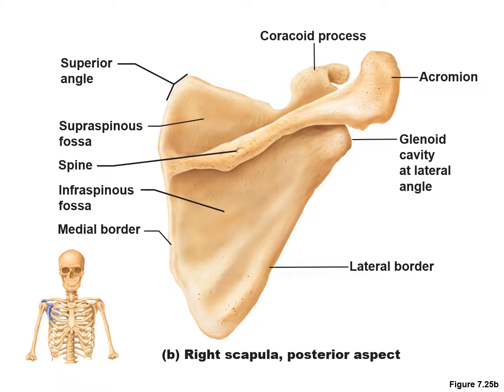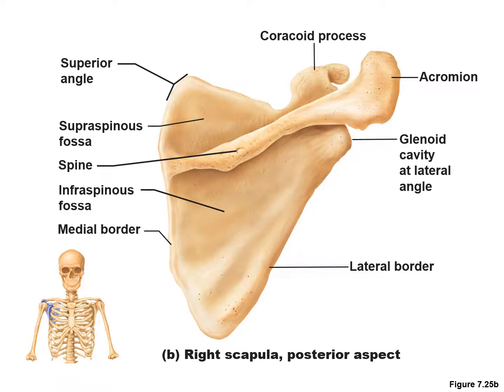We still see the coracoid process, the acromion, the glenoid cavity, which is always going to be on the same side as the lateral border because that's where the arm is, the medial border on the opposite side, the infraspinous fossa. So again, this is going to be a somewhat smooth, slightly concave surface.